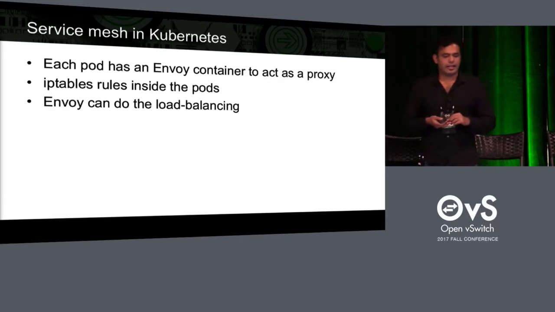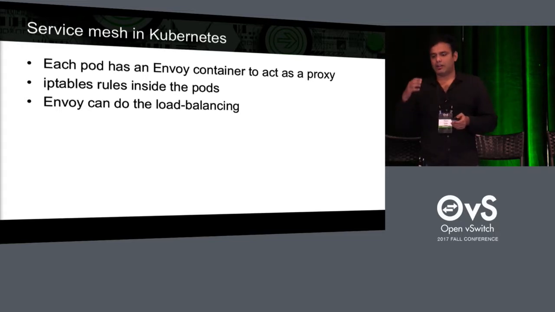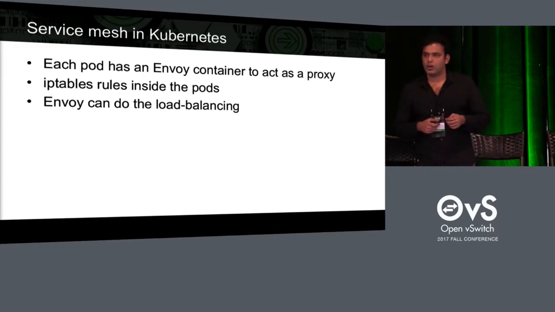The other thing that everyone talks about these days is service mesh. The general idea is that when a packet leaves the pod, it will hit an iptables entry inside the pod, and it will get redirected to an L7 proxy. The ride-sharing company Lyft open sourced their L7 proxy called Envoy, and it has really caught on.